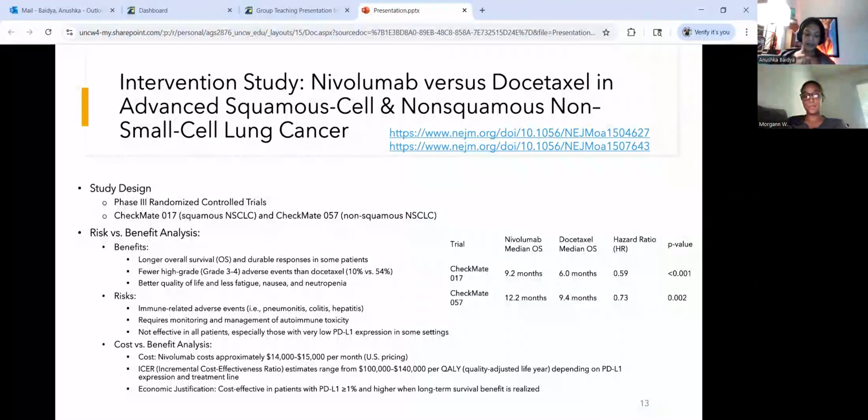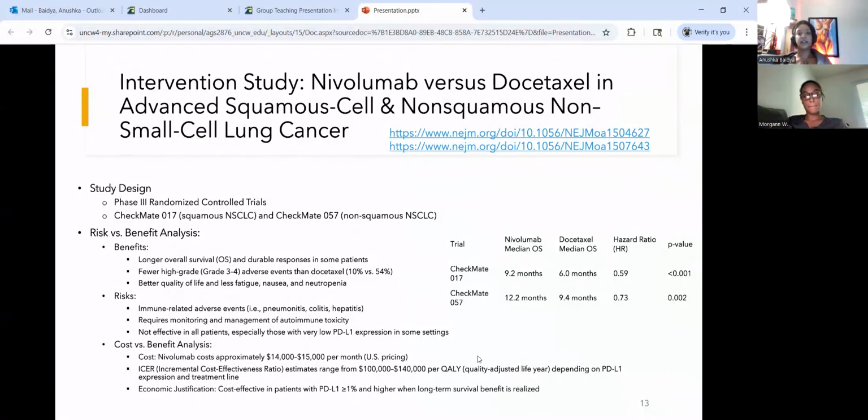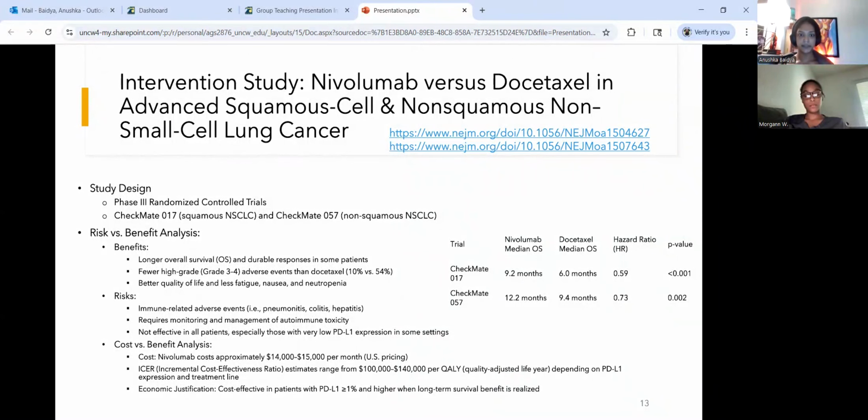So the intervention study that I found, I actually chose 2 randomized control trials. One that was looking into squamous non-small cell lung cancer and one into non-squamous non-small cell lung cancer. I chose to do both just so we could get all different subtypes of this disease.